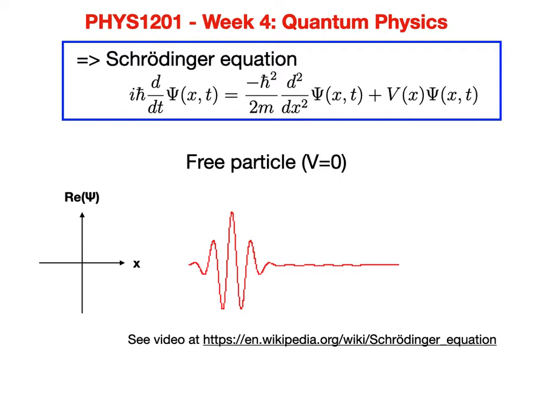In fact, the particle is at all these positions, and it's only if we do a measurement that we have a probability to find it at one position or another. Intrinsically, it means that the particle is not at a given position, but it is at several places at the same time.